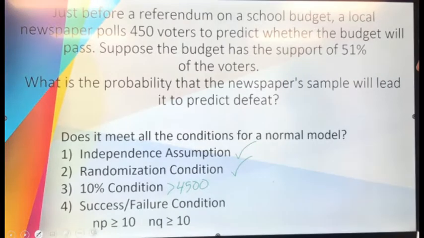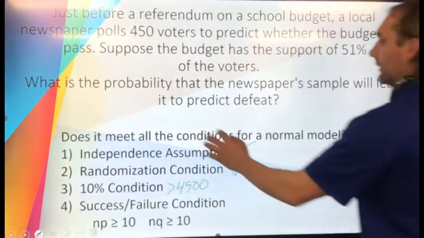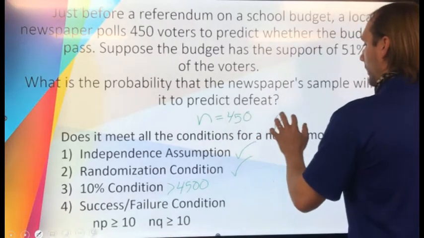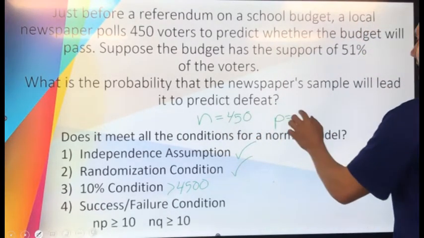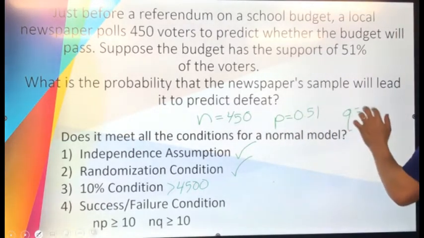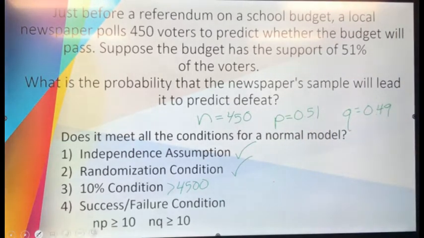Let's assume that. Success and failure condition: my n in this problem is 450. Probability for success is 0.51, vote yes. Probability for failure is vote no, 0.49.